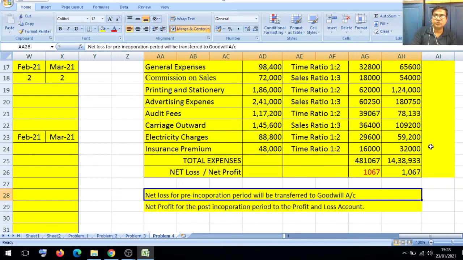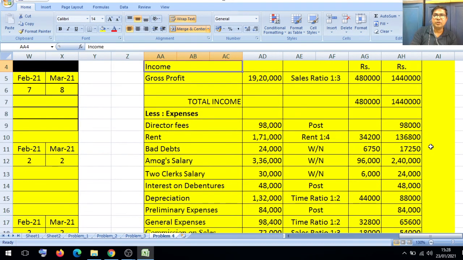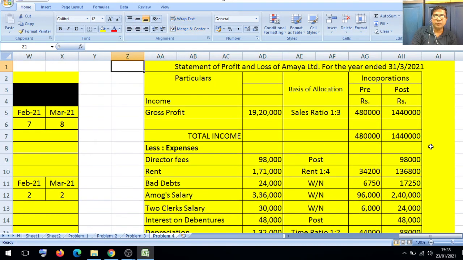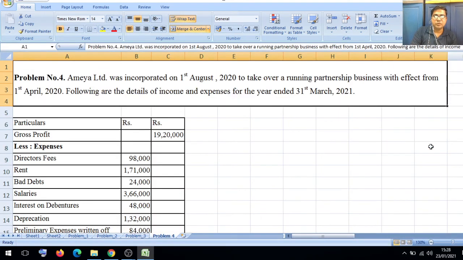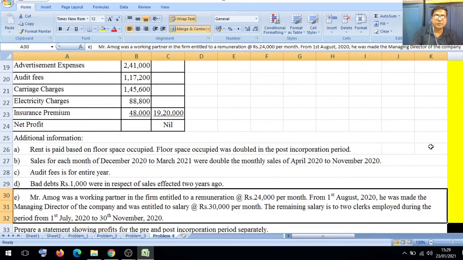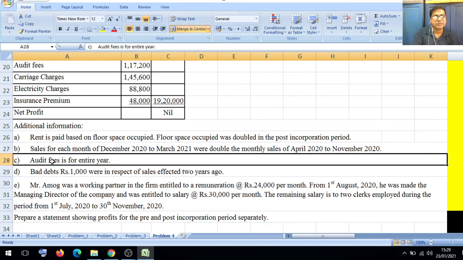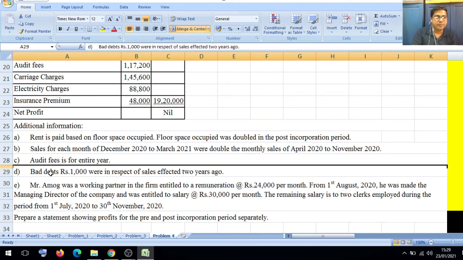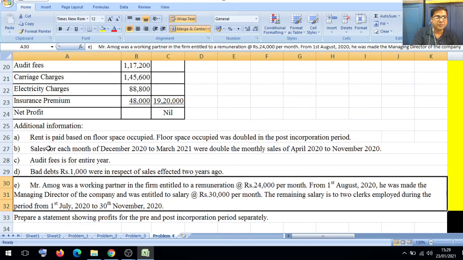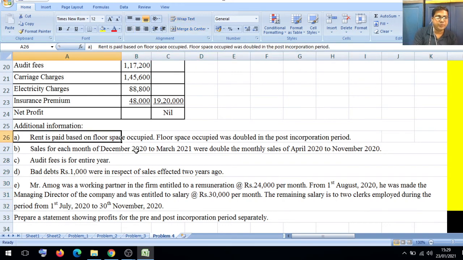So I hope you understood how we will solve our problem. First of all, we should know about the dates, then we should find out the time ratio, sales ratio. We will use the adjustments, audit fee for entire period. That's why we have to put as a time ratio, bad debts and salaries that we have discussed. Rent also we have discussed, and we calculate the ratios.